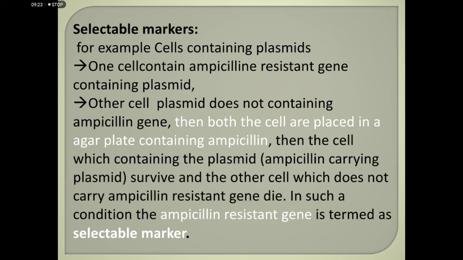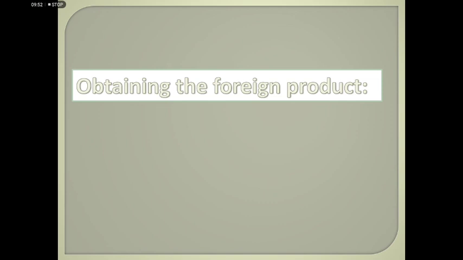In such a condition, the ampicillin resistant gene is termed a selectable marker. Here we utilized this ampicillin resistant gene for identifying whether it is transformed or non-transformed. So we can call this ampicillin resistant gene a selectable marker.